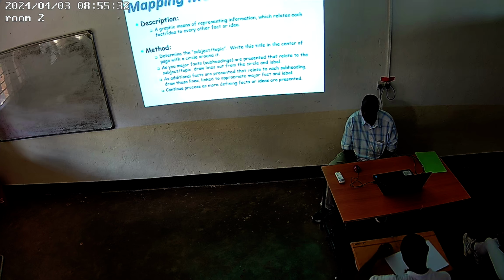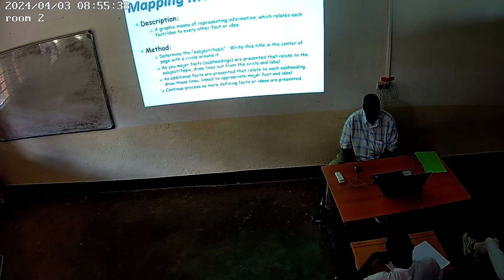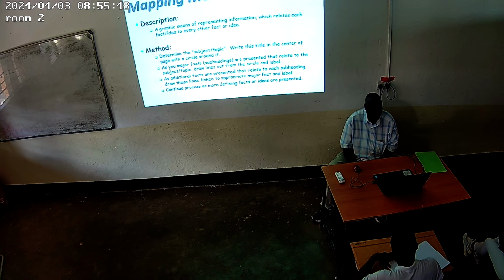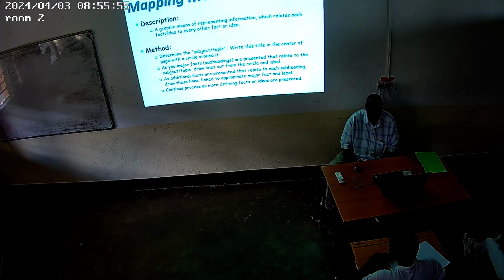So from the circle, you are drawing lines and you are labeling the lines. As additional facts present themselves that relate to each subheading, then you draw further lines.